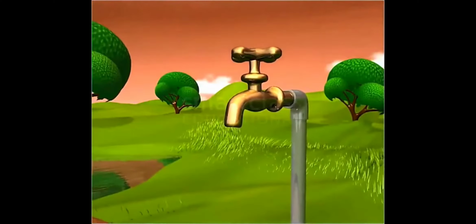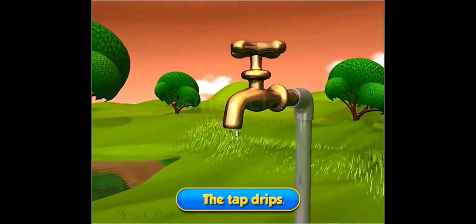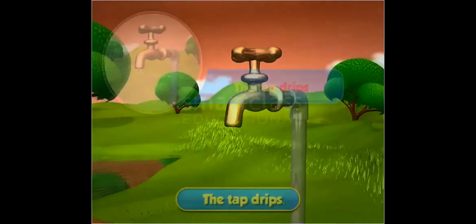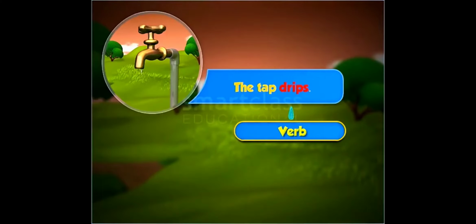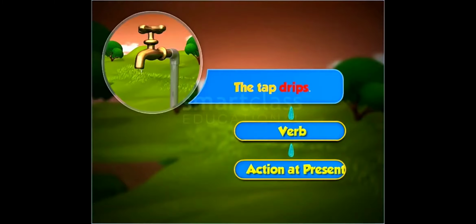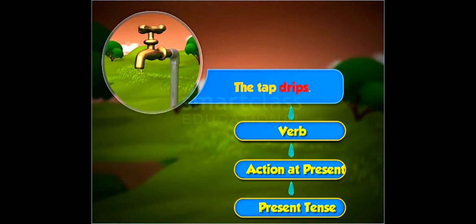In the sentence, "The tap drips," the verb is drips. The verb drips refers to an action that occurs at present, so it is said to be in the present tense.